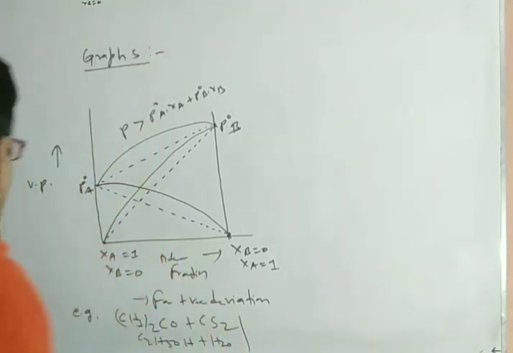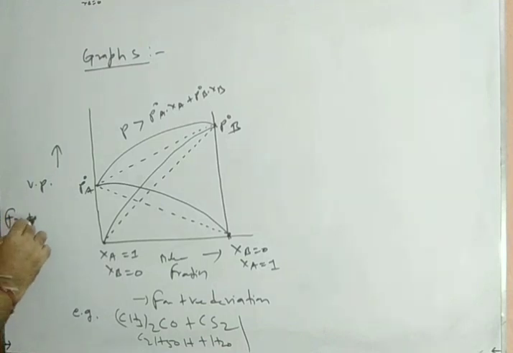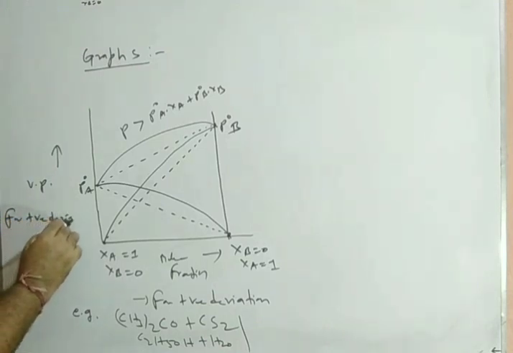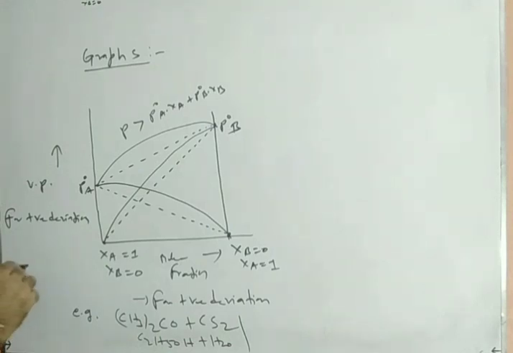Similarly, for positive deviation, AA or BB interaction greater than AB interaction.